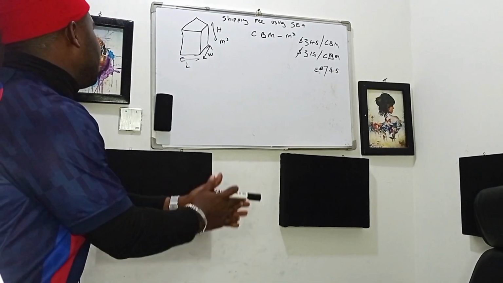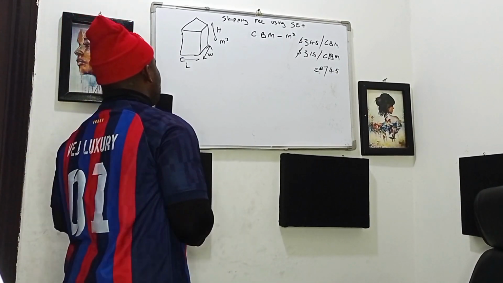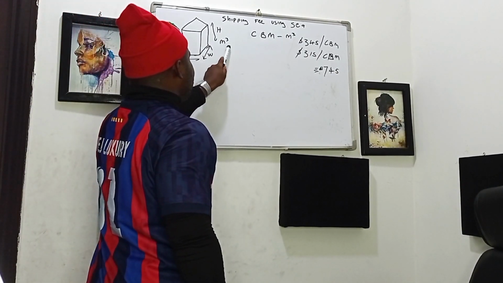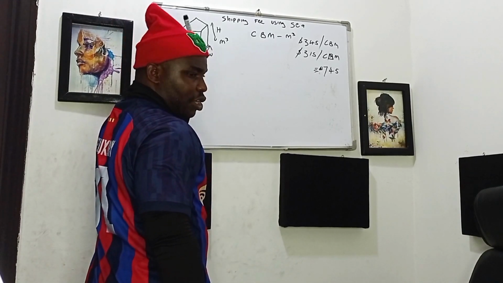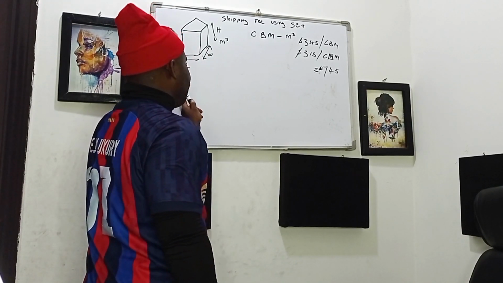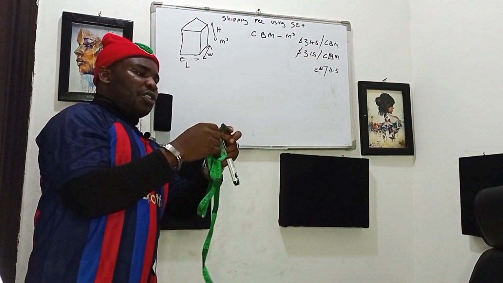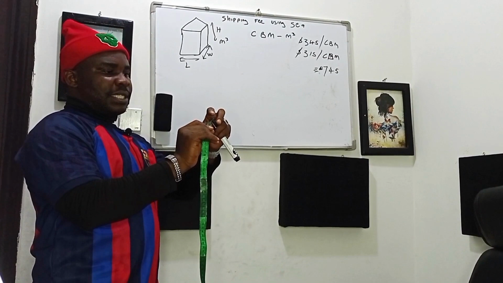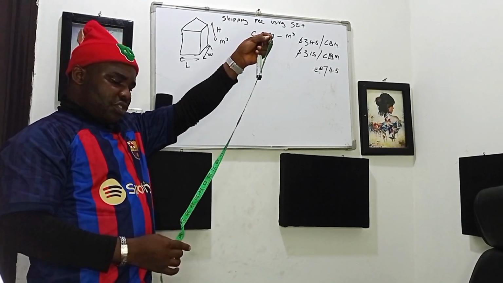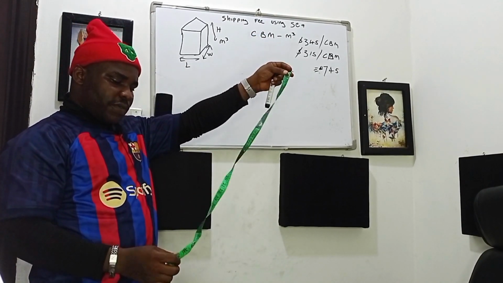So now let us hypothetically do this. Remember that the unit for calculating all this is in meters. So if the unit of measurement you're using is in cm, I'm going to use this for the practical aspect of the class.